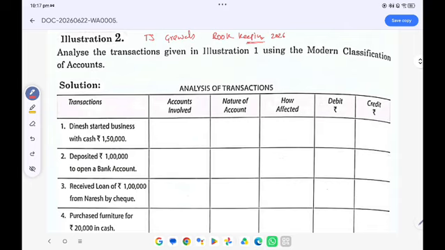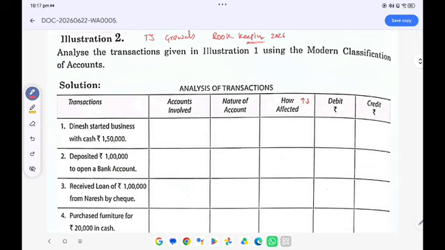From the transactions, we need to identify or analyze what are the various accounts involved, what is the nature of the account, how it will be affected, that means increase or decrease, and which is debit and which is credit. In detail we come to know.